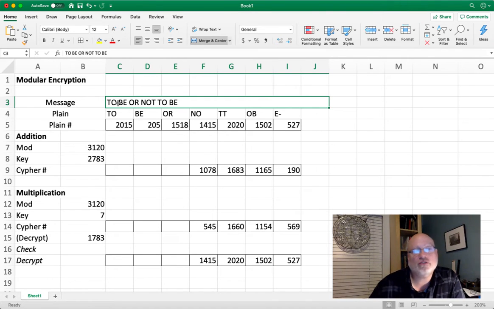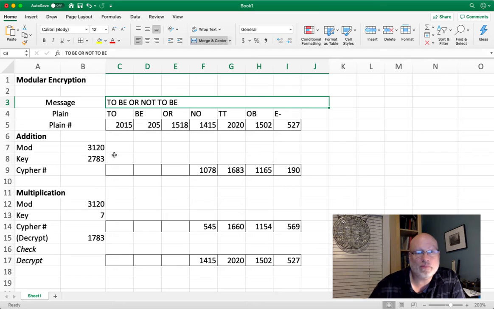So I take the phrase to be or not to be, and I break it up into TO, BE, OR, NO, TT, OB, and then E, and I put a dash here because I don't want E to be by itself. I want there still to be two characters here, so I put a dash since I don't have an extra letter there. Okay, so that's essentially my plain text that I'm going to be converting.